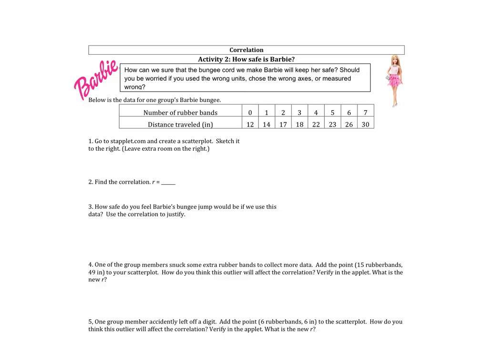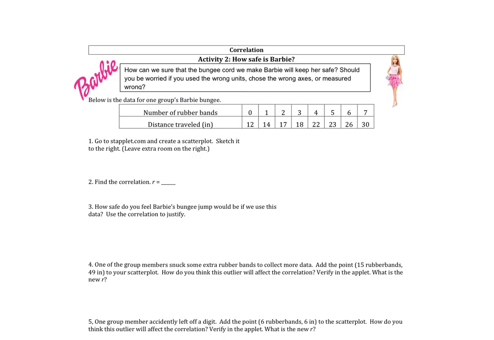So let's take one group's data from yesterday measuring their Barbie's distance and hang time using those 7 rubber bands that we used. Let's go to Statplet and create a scatter plot and sketch it to the right.